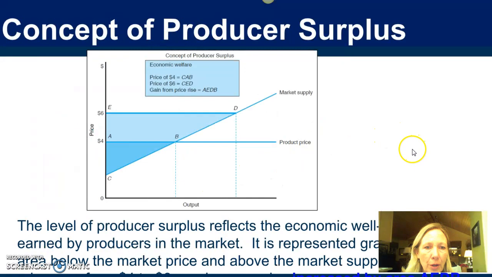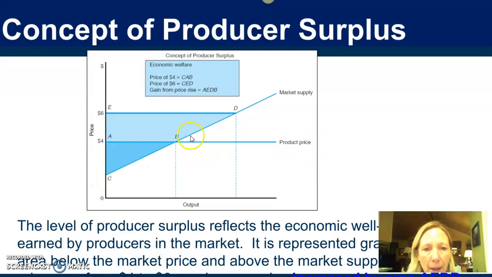Okay, so the next thing they're trying to get you to think about is this idea of producer surplus. Producer surplus represents graphically the profit that a producer receives.